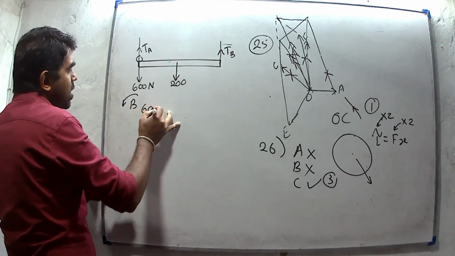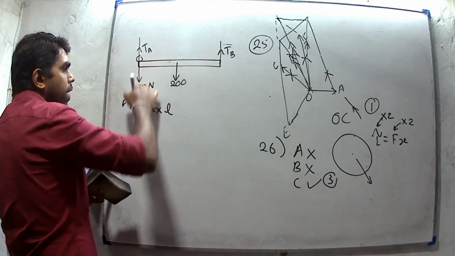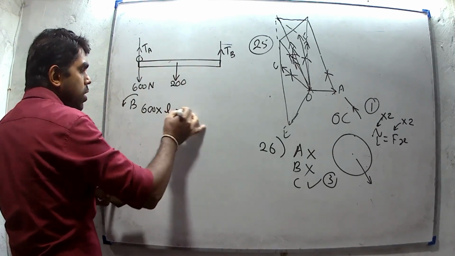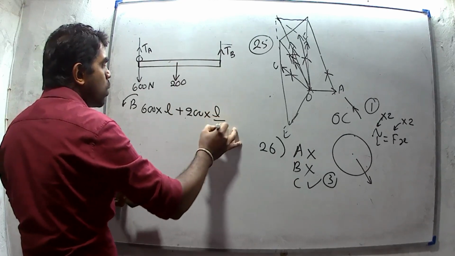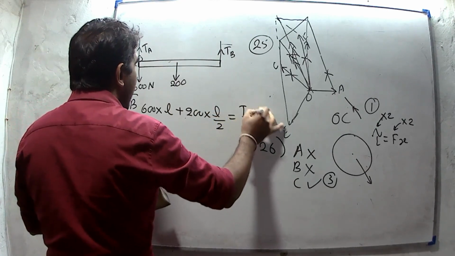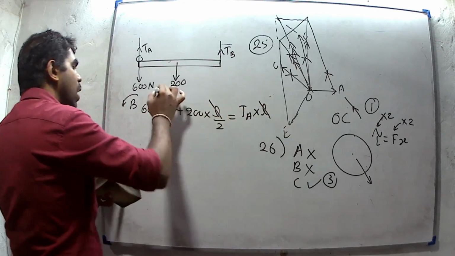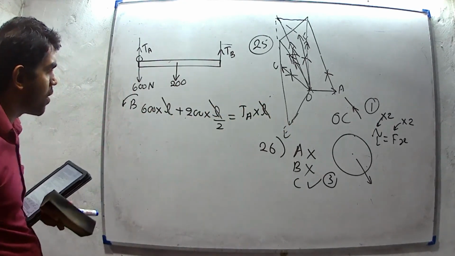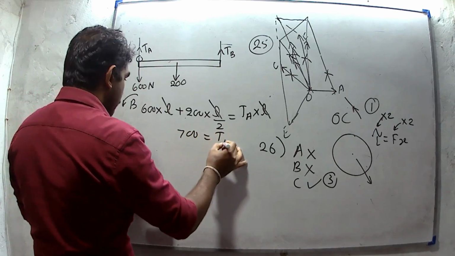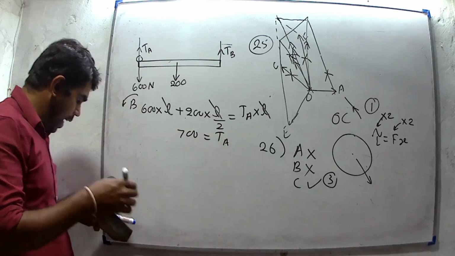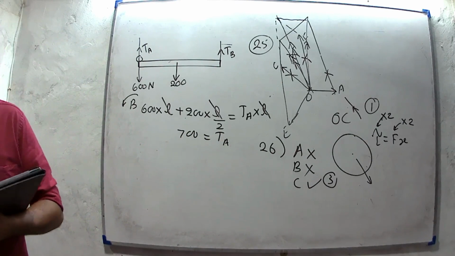Counterclockwise torque: 600 into L, weight into perpendicular distance, plus 200 into perpendicular distance L over 2, should be equal to TA into L. We can cancel out the L term. 600 plus 100, 700. TA, the tension at A, should be 700.